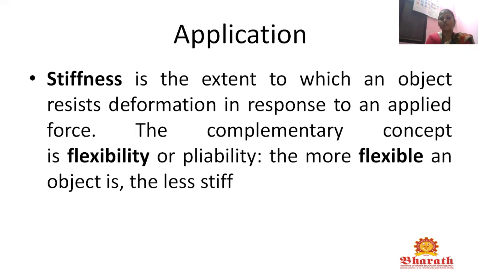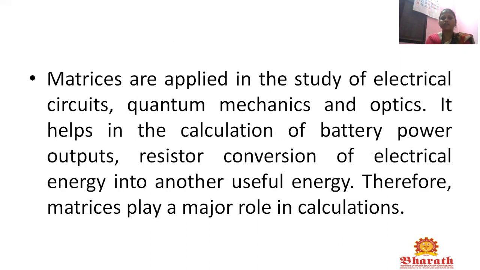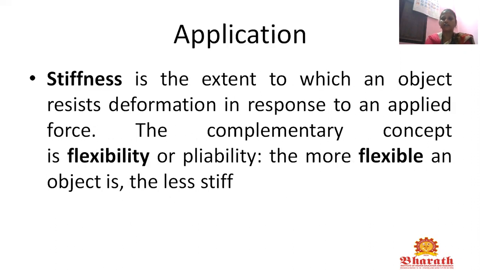The more flexible an object is, the less stiff it is. Both are useful methods in application to all the objects we use in civil engineering. Here this type of matrix and flexibility method is more apt than the other methods.